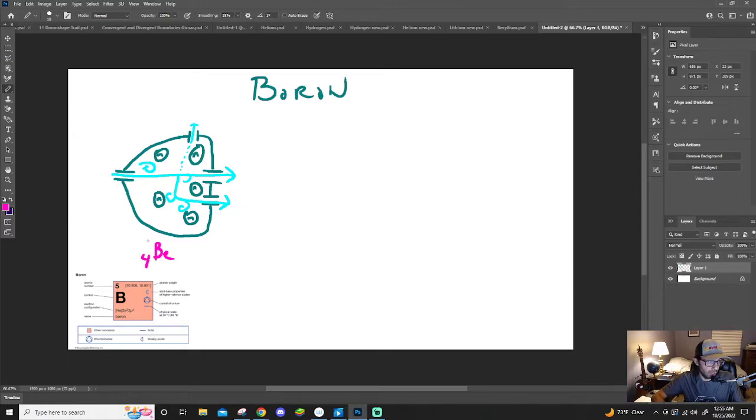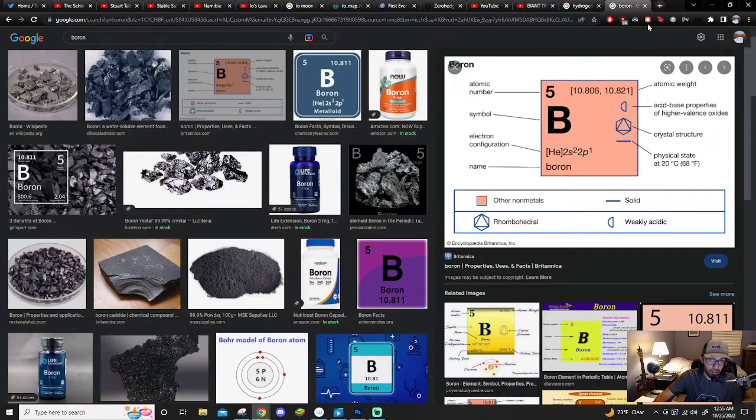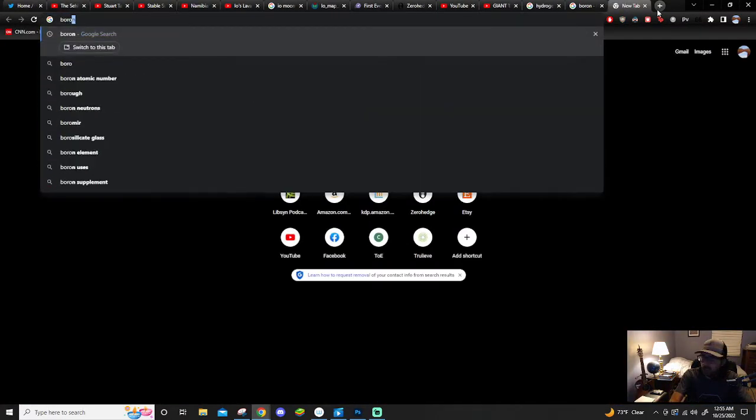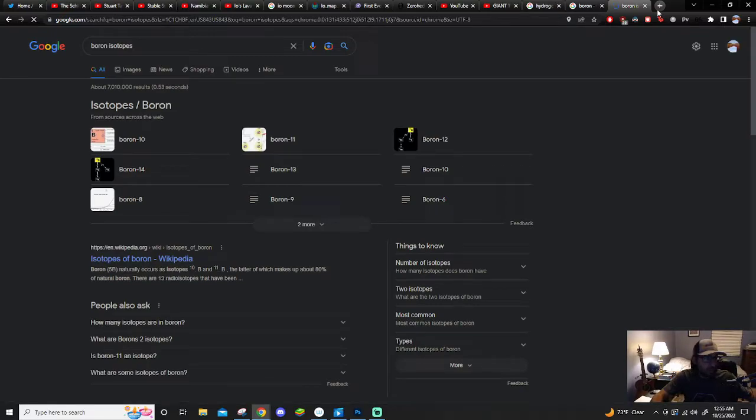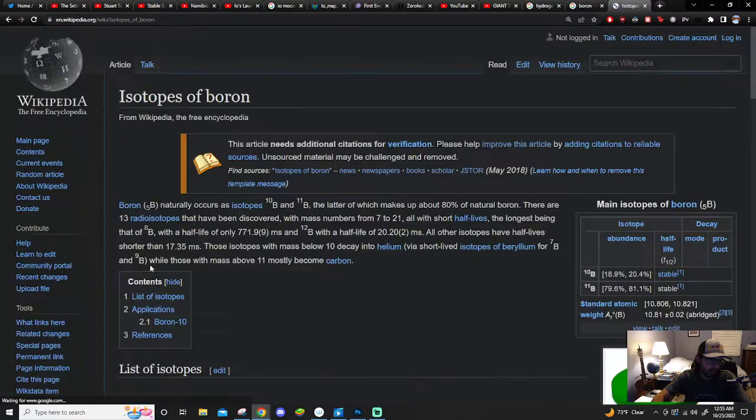So nah, let's say boron is 11, 5B. Let's see how many isotopes. Boron isotopes. Stable isotopes, please. 10 and 11.